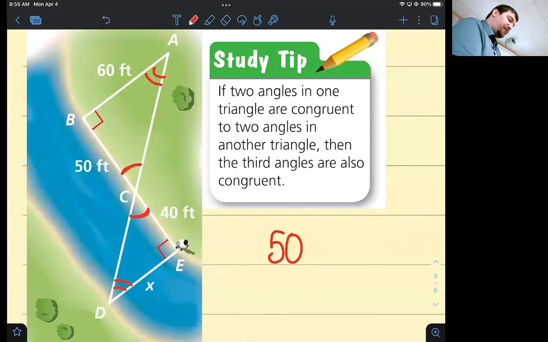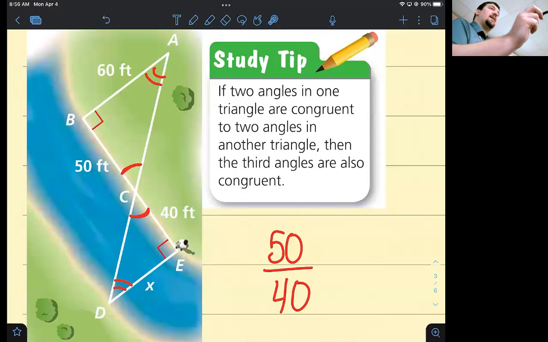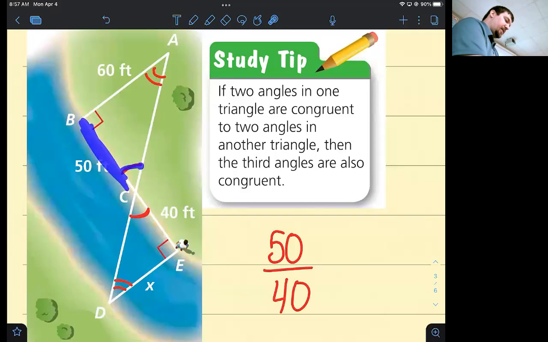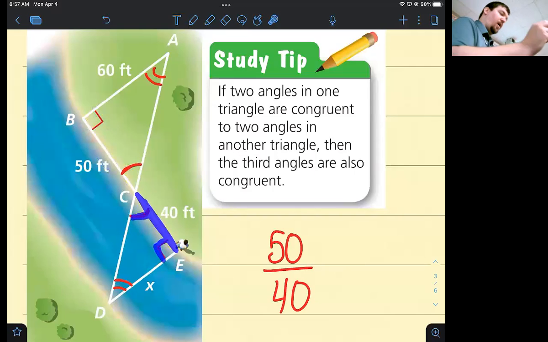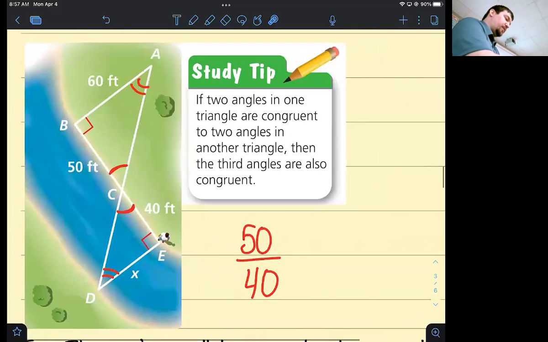Nice job. The 50 has to correspond to the 40. And it's actually really easy to tell since I put the arc marks in. The 50-foot side is between the right angle and the one arc angle. The 40-foot side is between the right angle and the one arc angle. So 50 matches up with 40. If 50 matches with 40, go back to the first triangle. What's 60 have to match with?